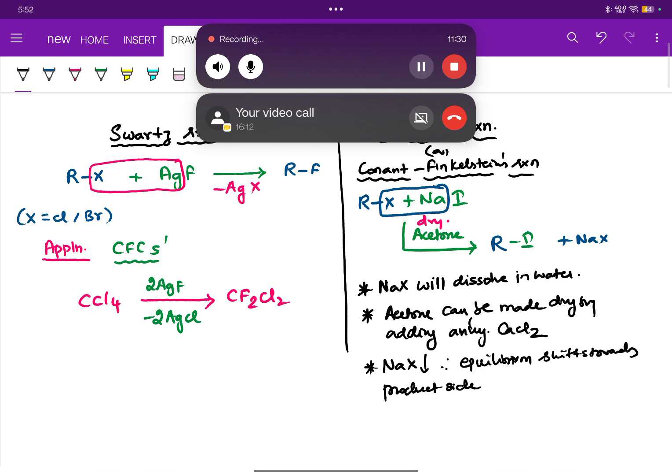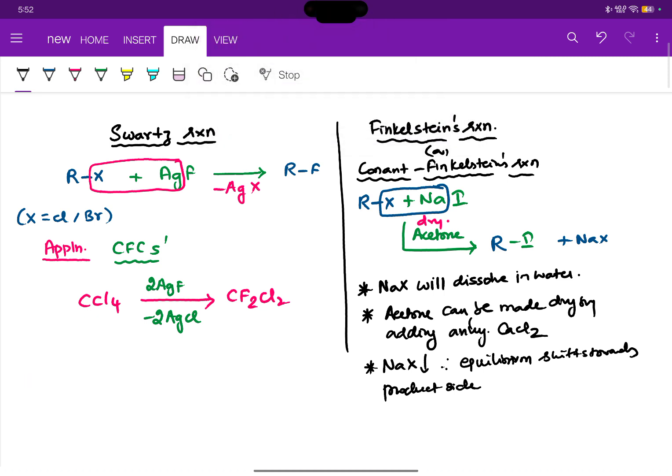Here again you need to understand one more point. In the Swarts reaction, not only AgF is used, you can also use SbF5, or you can also use arsenic fluorides.